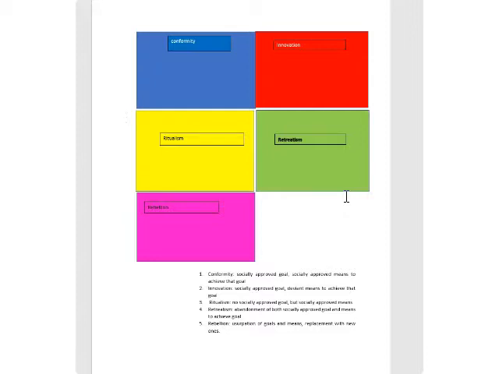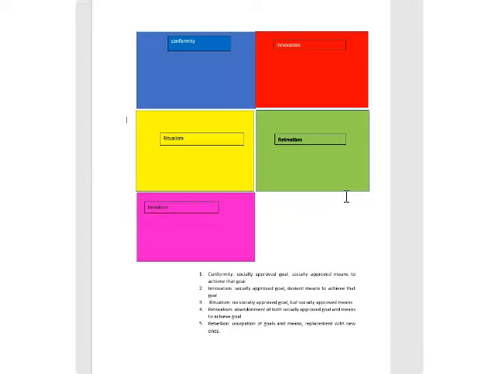So, Merton's key contribution on deviance was the explanation that he provided for why people are deviant in the first place and what happens when deviance is the reality.